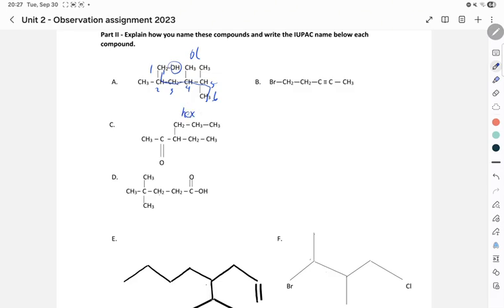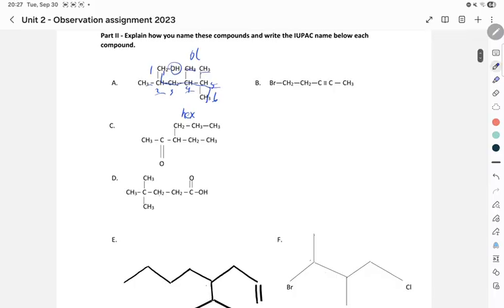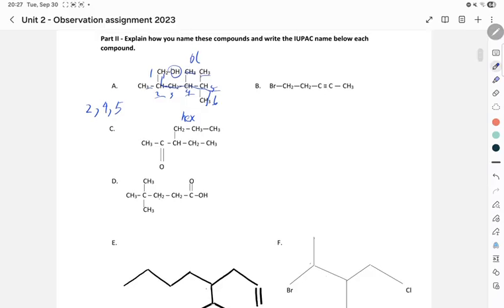And we have the branches here in positions 2, 4, and 5, so we write 2, 4, 5. Because it has three methyls, we write trimethyl. And the parent name is hexane, and we replace the E with OL, and it is in the first position.